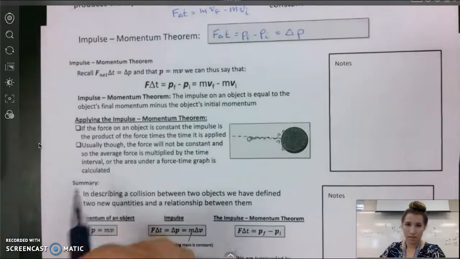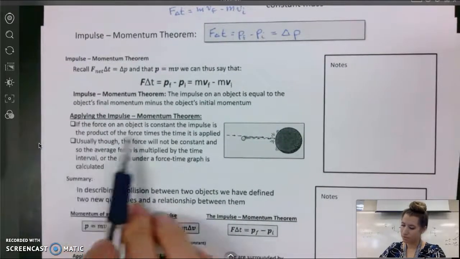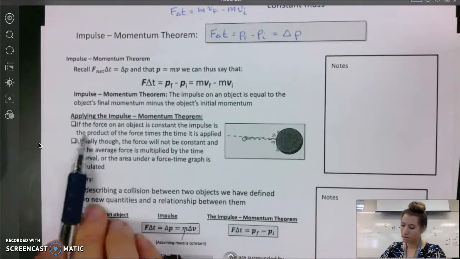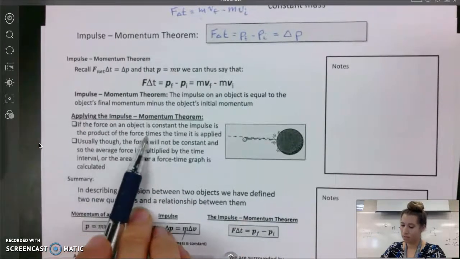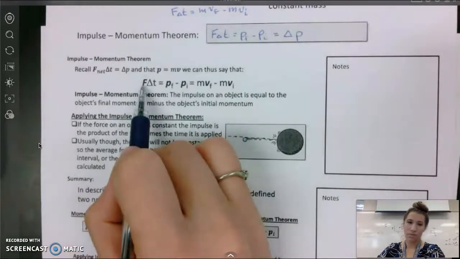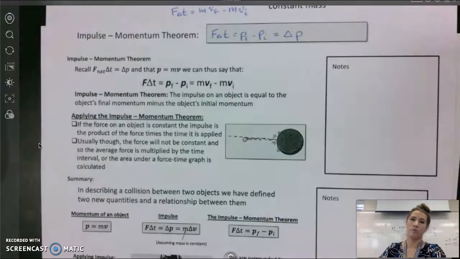Okay. Couple things to keep in mind when we look at this equation. The force on an object is constant. The impulse is the product of the force times the time applied. So when I look at this force, a constant force being applied over a given amount of time, we know that's not usually the case in real life. Remember that graph with the softball, how the force, that interaction with the bat, started off really small and got bigger, and then we had a maximum and then it reduced.